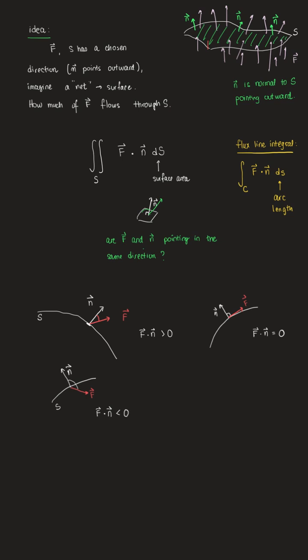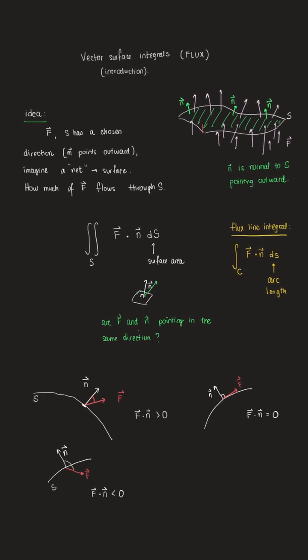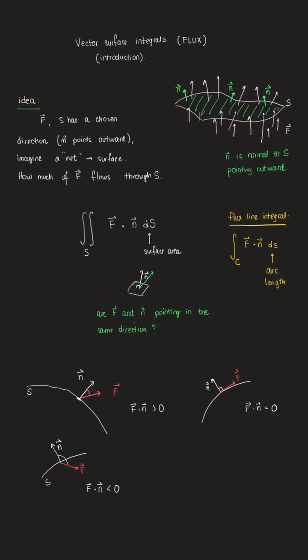So just to give you some idea of the meaning of these vector surface integrals, we are measuring flux, and we're measuring how much of the vector field points in the direction of the outward normal that we choose. In other words, how much of the vector field goes across our surface.